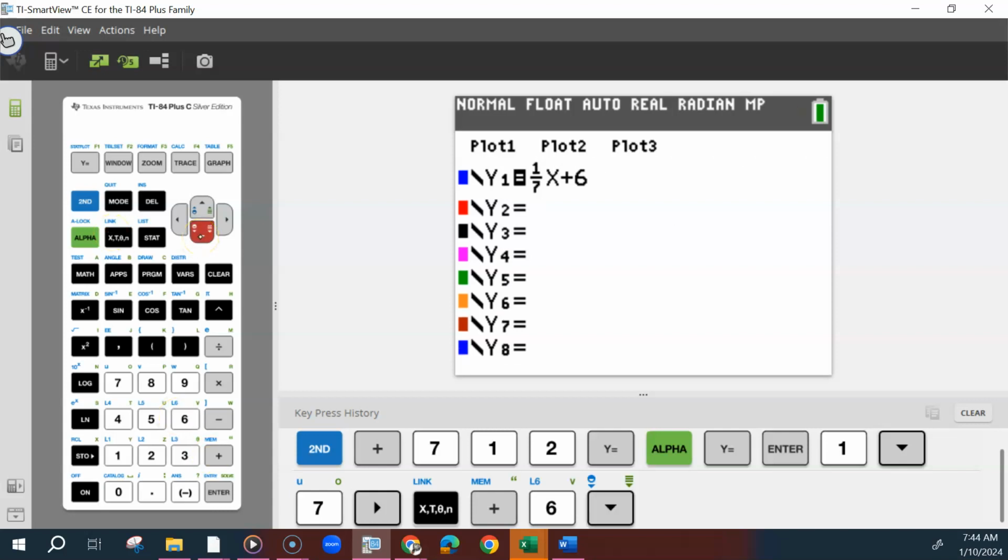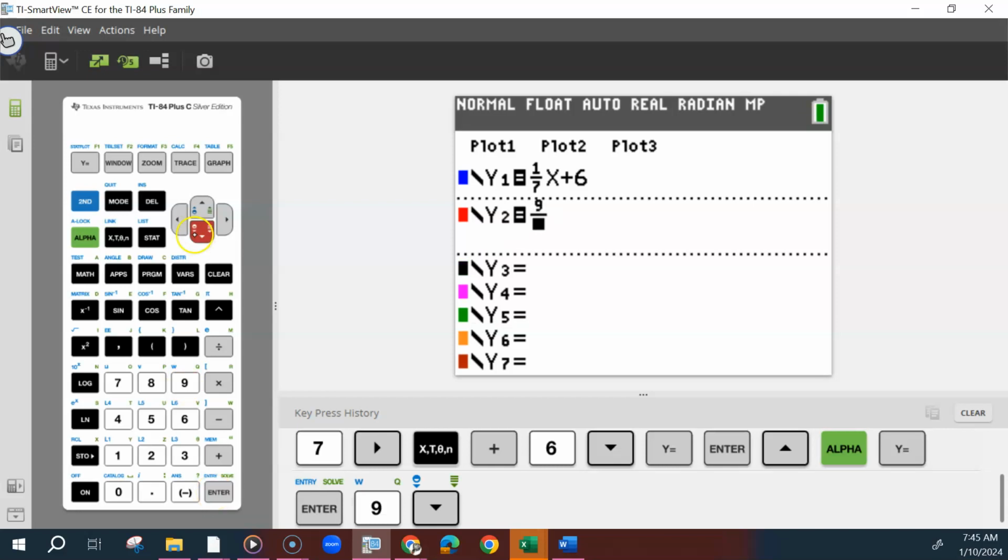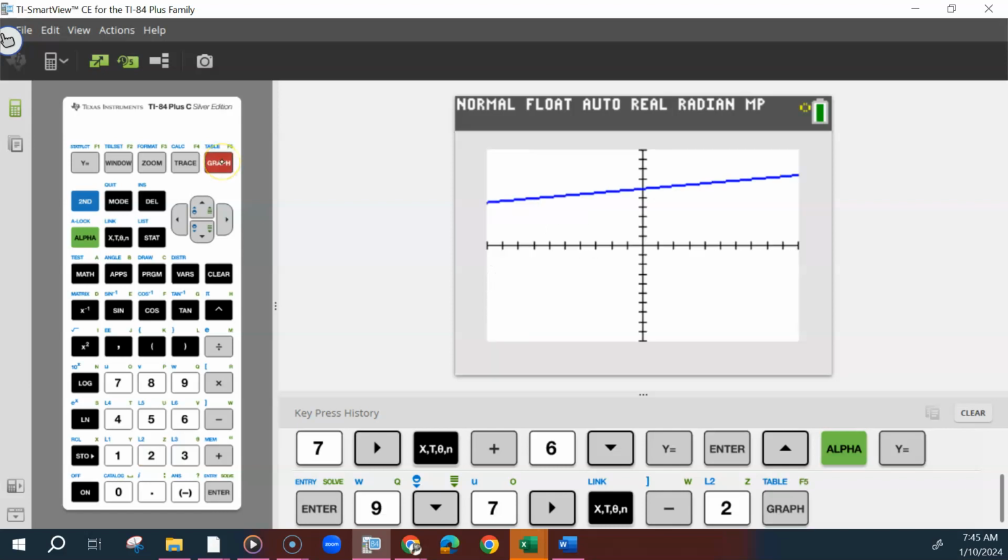And then the other one, 9/7, so alpha y equals again, x minus 2. And once you have them both in, hit graph.